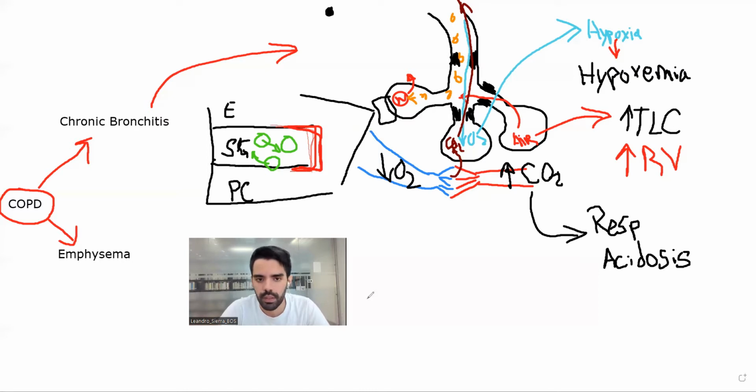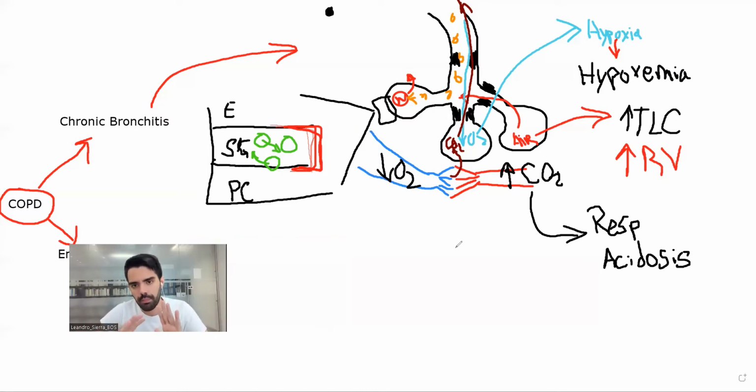But this is a picture of everything that happens in chronic bronchitis, which is diagnosed clinically. If you have a productive cough for more than 3 months in 2 different years, you can make the diagnosis of chronic bronchitis, right?